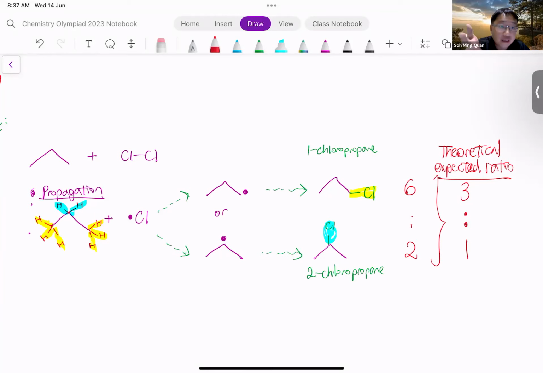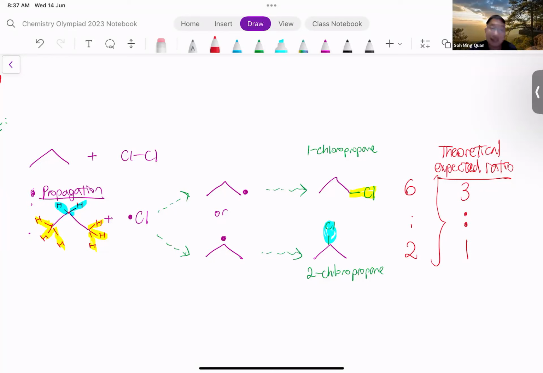The probability of the chlorine ending up on the terminal position occurs when it substitutes any one of the 6 terminal hydrogen atoms, whereas the one in the middle has to substitute either one of the 2 hydrogen atoms in the middle. So it's 6:2, 3:1.